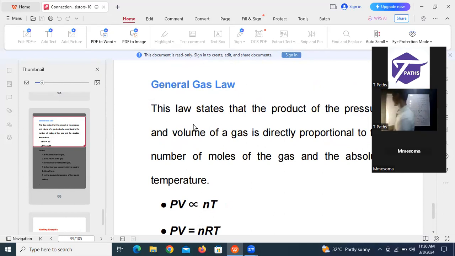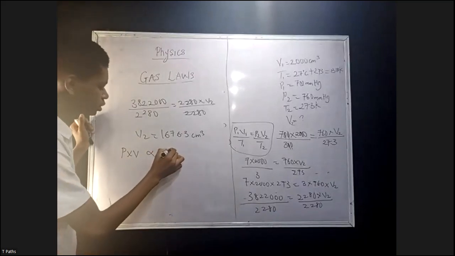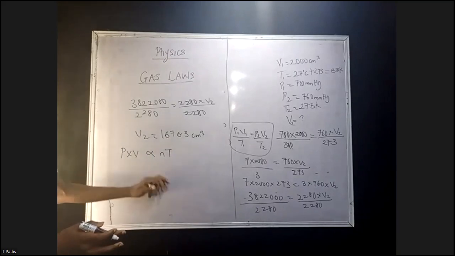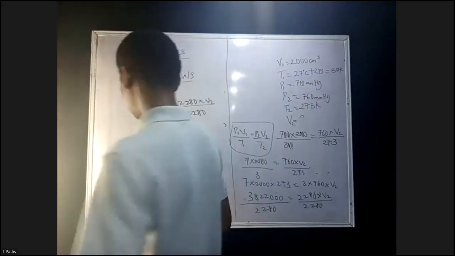All right, so what this means is the product of pressure and volume, this is this. Product means multiplication, that's the product of pressure and volume is directly proportional to the number of moles, to represent number of moles N, and the absolute temperature of the gas.